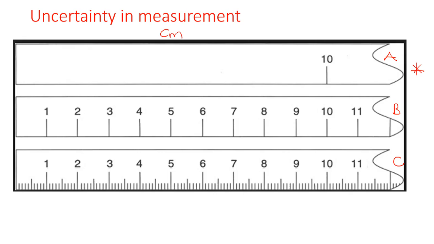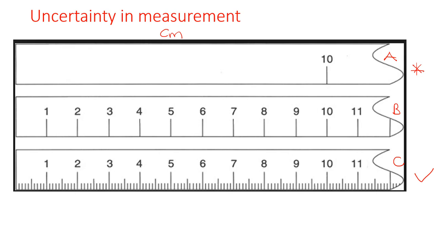It will not give me a lot of confidence, but I will go with C. C will give me more confidence that I am measuring my object more accurately than if I am measuring it with ruler A. And what it means is I am more certain with my measurement when I use ruler C than when I use ruler A. That's what is meant by uncertainty: the confidence of your measurement.